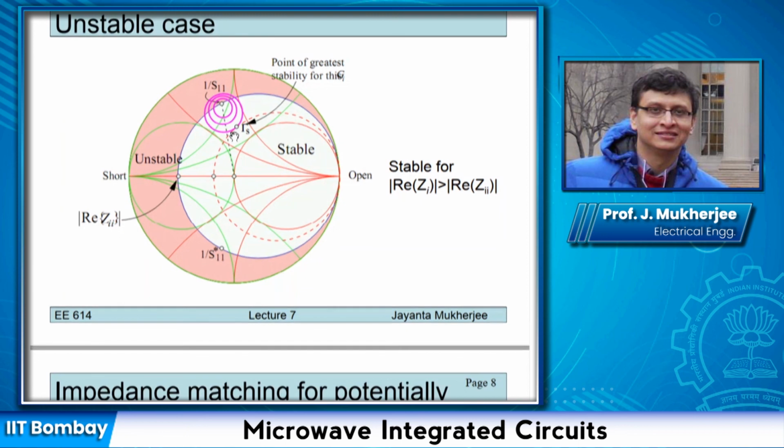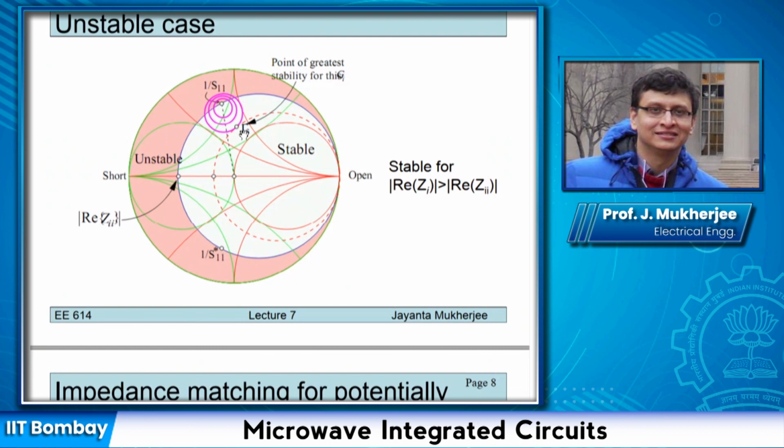So I have to choose the point which is most stable. Which is that point? The point on this purple circle which is farthest from the boundary between the unstable and stable region will be the most stable, and that point is nothing but the point of intersection of this purple line with a constant resistance circle which is just touching this purple line.